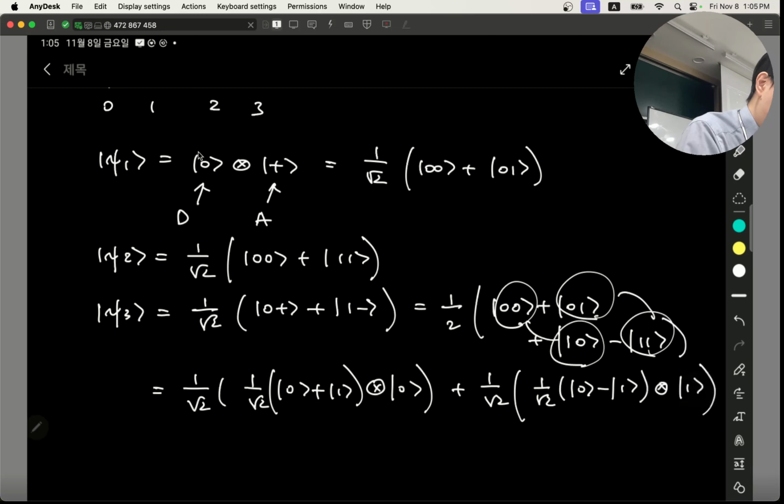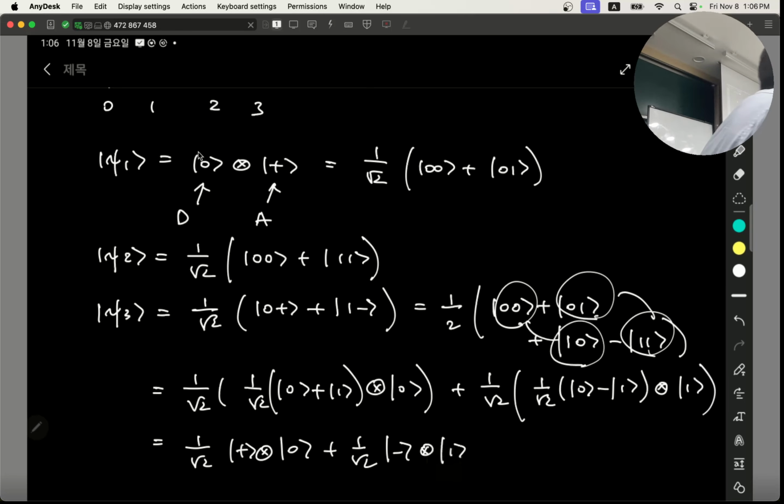So this is 1 over square root of 2 of plus 0, and this is 1 over square root of 2 of minus 1.